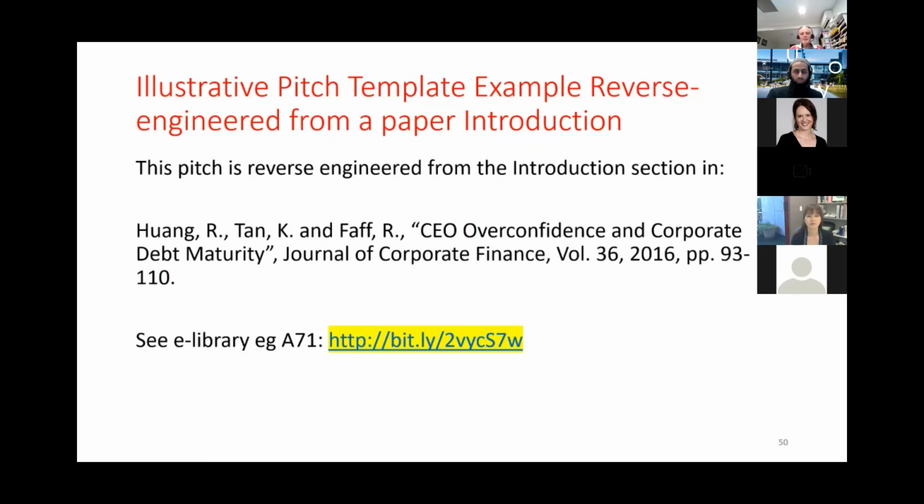It's more diagnostic in nature, although the way I did it was just a structured summary using the introduction as the source information. So this is a paper we were fortunate and happy to get published in JCF, Journal of Corporate Finance.